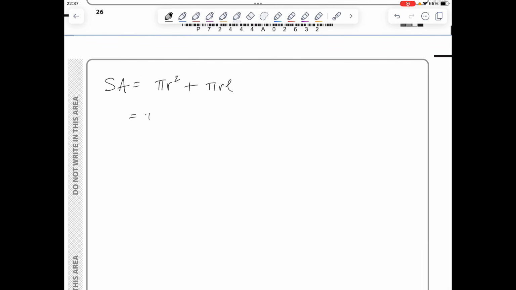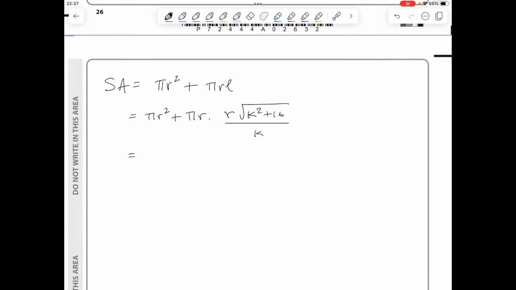So I get pi r squared plus pi r, and instead of L, I will get r square root of k squared plus 16 over k, and I'll try to make these two as a single fraction.